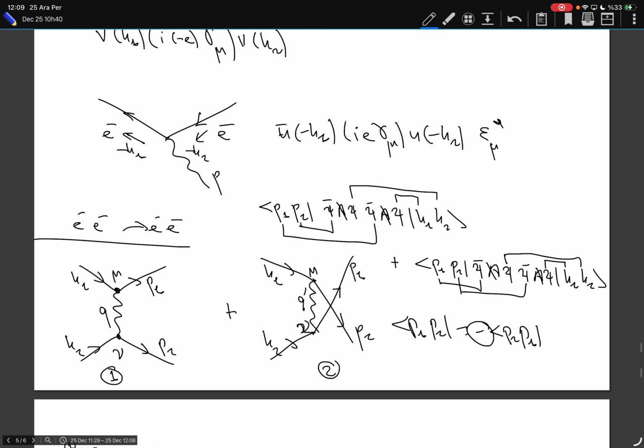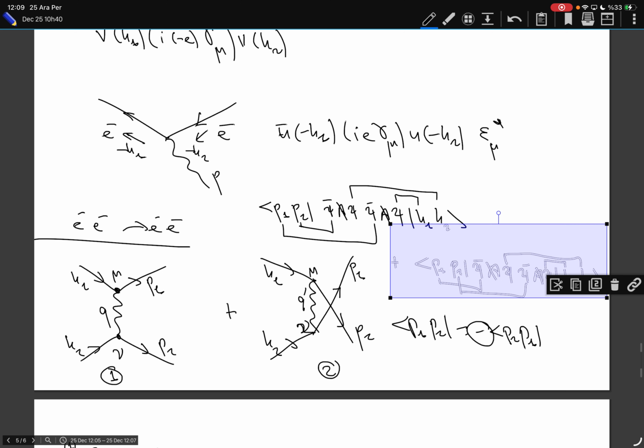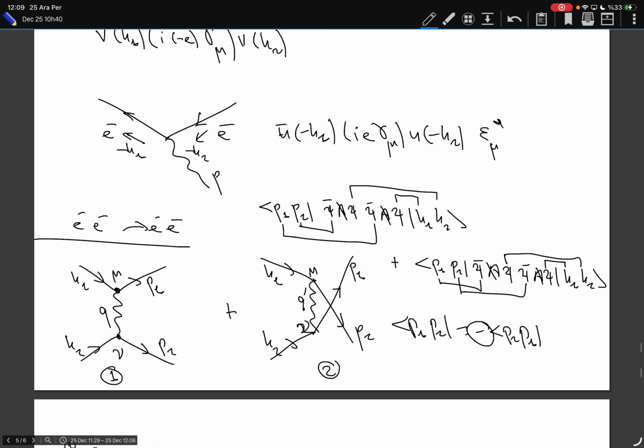Now, if I look at this one relative to that one, if I want to calculate this one, I should move this psi bar all the way here first, so that contraction happens first. And so psi bar should commute over two fermionic fields.